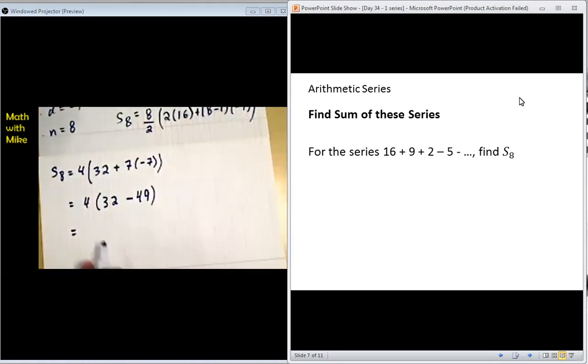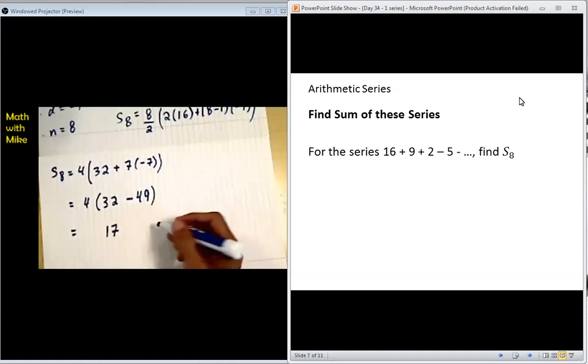I'm going to do the inside of the brackets first, just so my brain doesn't hurt. One thing at a time. Socks first and then shoes. What's 32 minus 49? Not bad. One more time. 7's part of it. Yeah. And then minus, right?